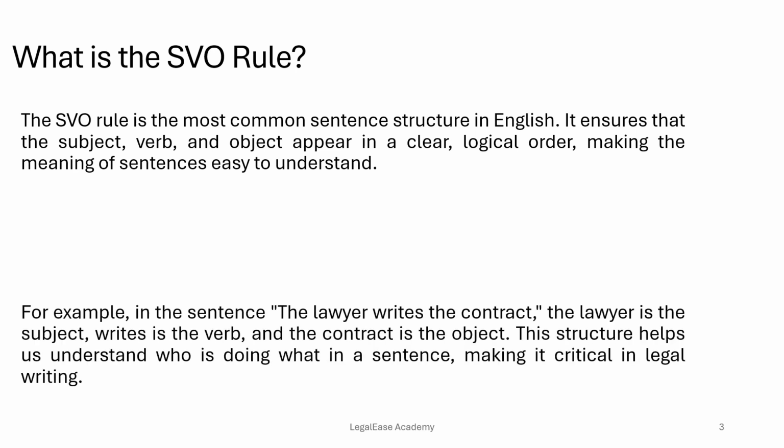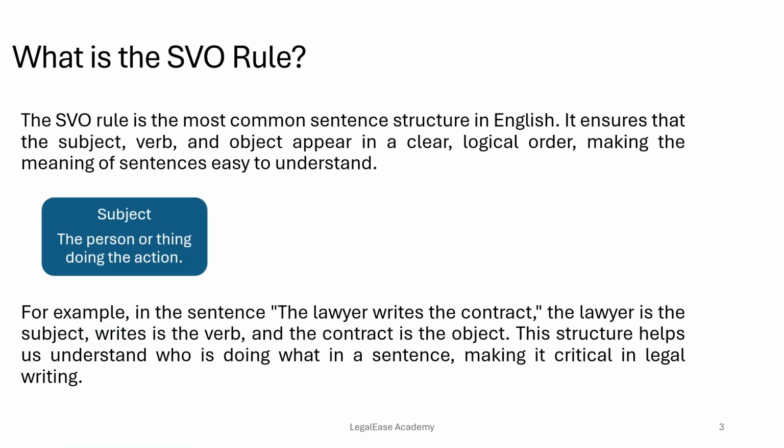For example, in the sentence, "The lawyer writes the contract," the lawyer is the subject, writes is the verb, and the contract is the object. This structure helps us to understand who is doing what in a sentence, and it is critical in legal writing to follow such an obvious structure.